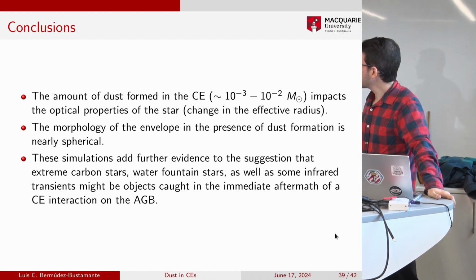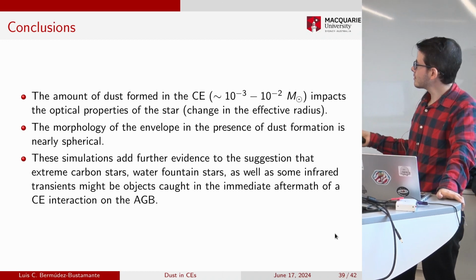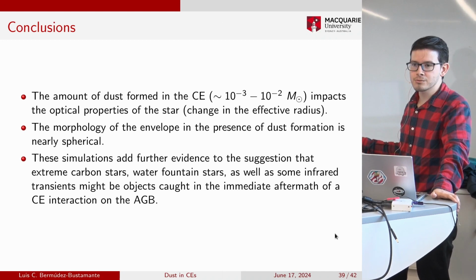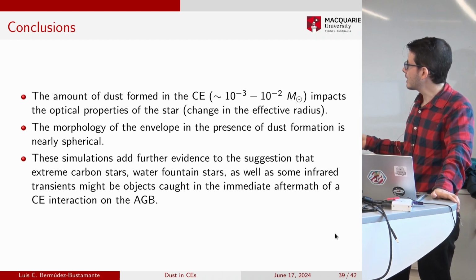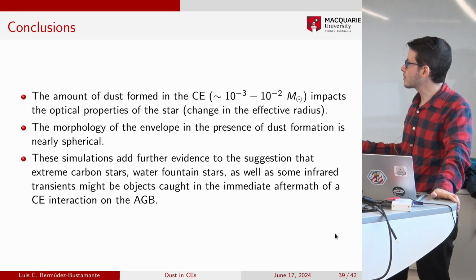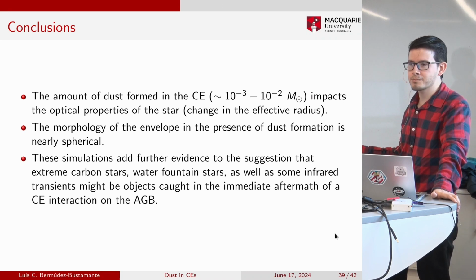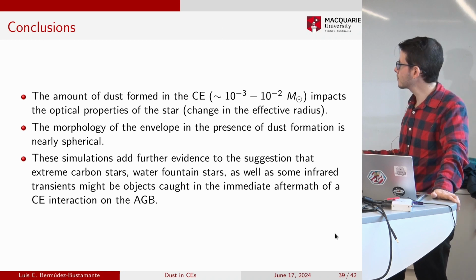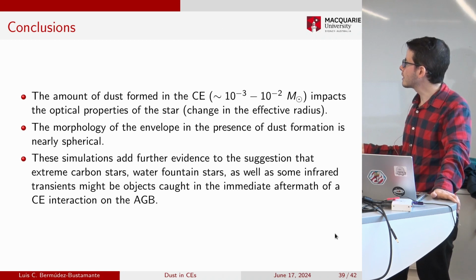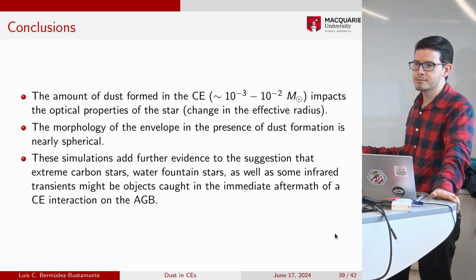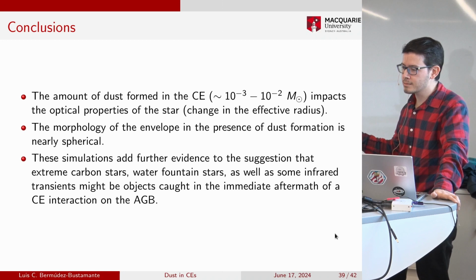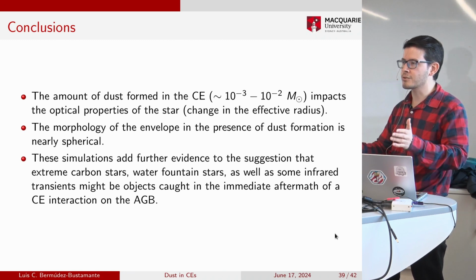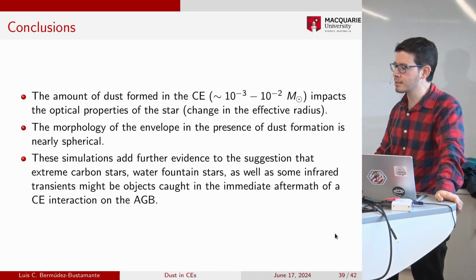Now, we are forming in less than 40 years 10 to the minus 3 or 10 to the minus 2 solar masses, and that has a huge impact on the optical properties of the stars, for example, the effective radius of the photosphere. Also the morphology of the envelope is nearly spherical. But again, we maybe need to consider different configurations, different orbital and stellar parameters.